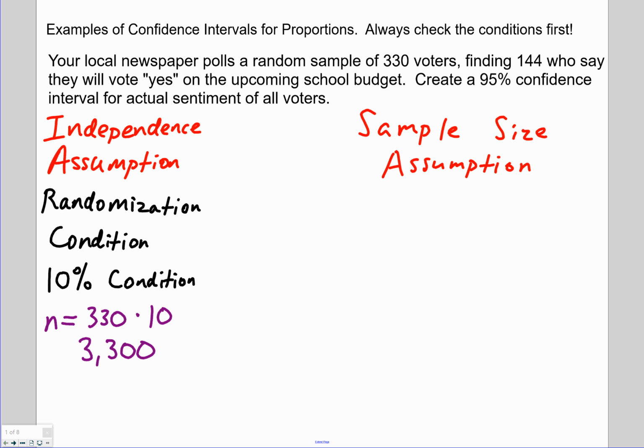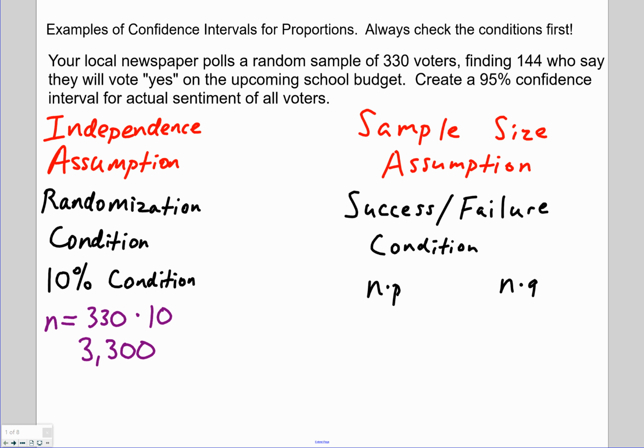The sample size of 330 students is large enough. What condition can we check? This is proportions, so we're going to check the success-failure condition. We multiply n times p and n times q.